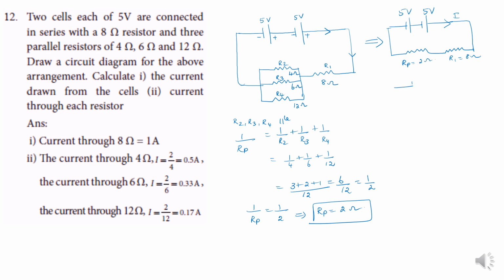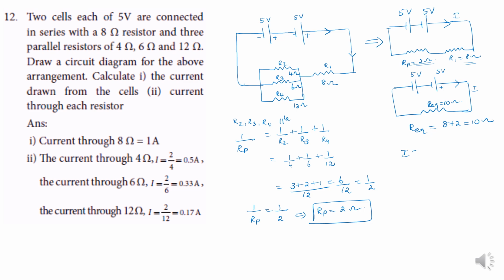Now this can be made as, okay, this is 5 volt, this is 5 volt, I. This is R equivalent. See, this 8 ohms and this 2 ohms are in series. So R equivalent is equal to 8 plus 2, which is 10 ohms. So this is our R equivalent, 10 ohm.